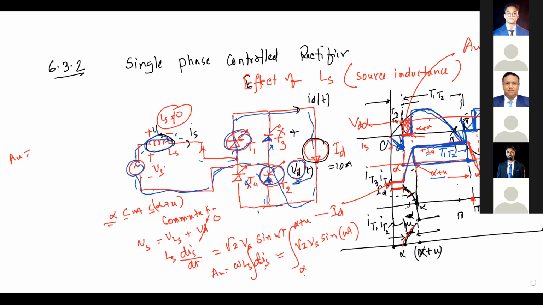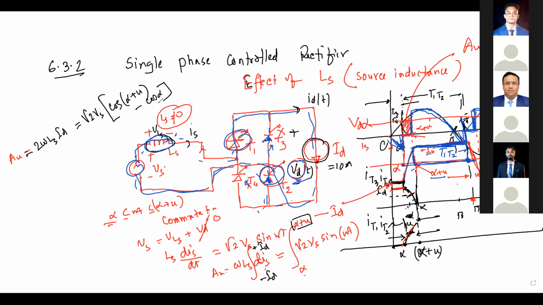Then what should be the limit? Current at alpha equal to minus ID, to plus ID at alpha plus U, right? So AU will then come as 2 omega LS ID. And then if you complete the integration, you will get root 2 VS, then cosine alpha minus cosine of alpha plus U. Okay?